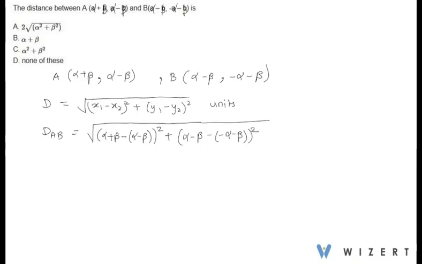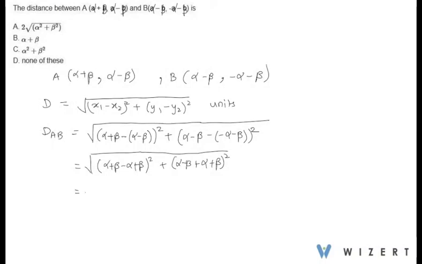So let's simplify this. Under root of alpha plus beta minus minus alpha minus beta, that is alpha plus beta plus alpha plus beta, whole square, plus, again here alpha minus beta minus of minus alpha is plus alpha, minus of minus beta is plus beta, so whole square.